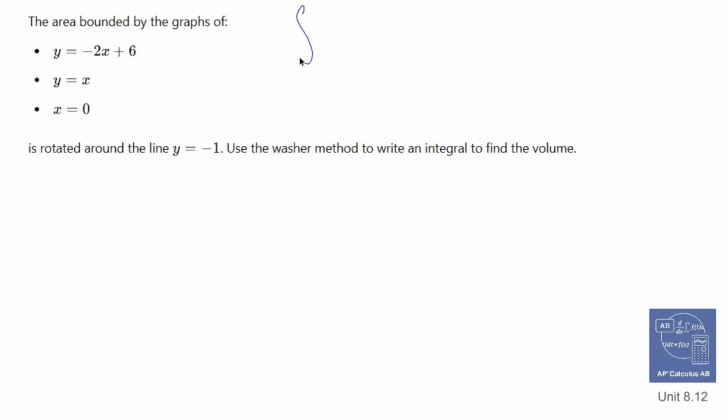We are going to actually use that washer method, so I'm just going to trust you. But here's the thing: I'm spinning it around y equals negative 1. So the equation that I like to use for the washer method is I have pi living out here.